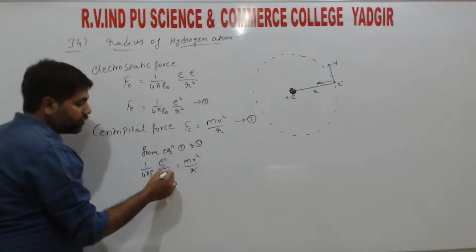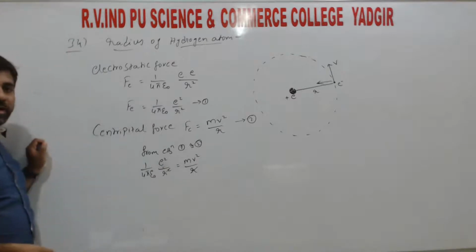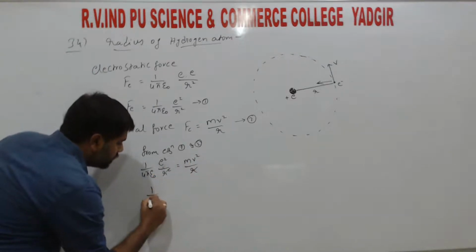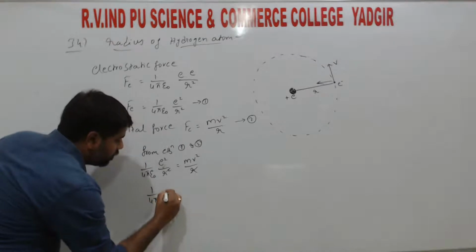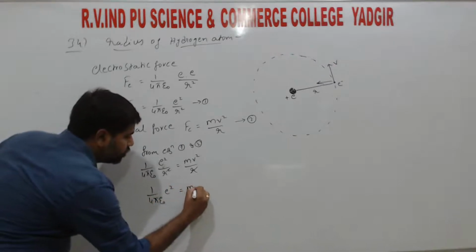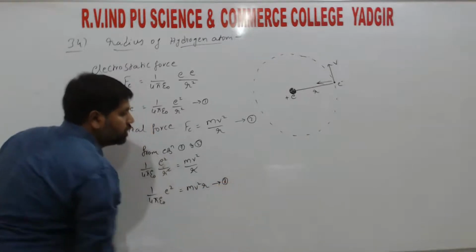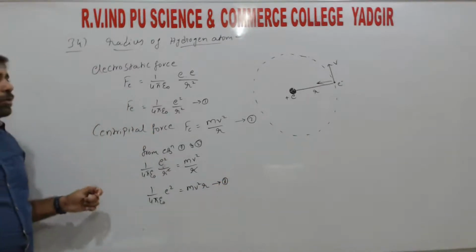So in the RHS we have r, in the LHS r square, so one r gets cancelled. If we shift the r to the RHS, 1 by 4 pi epsilon naught into e square is equal to mv square r, calling this the third equation, right?